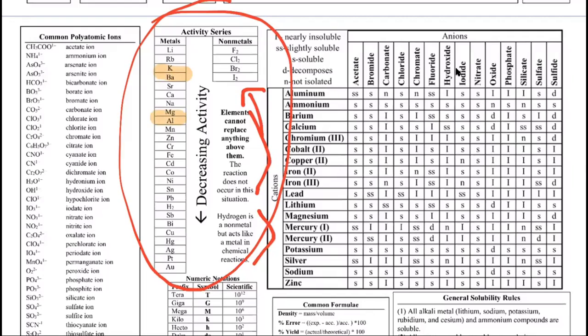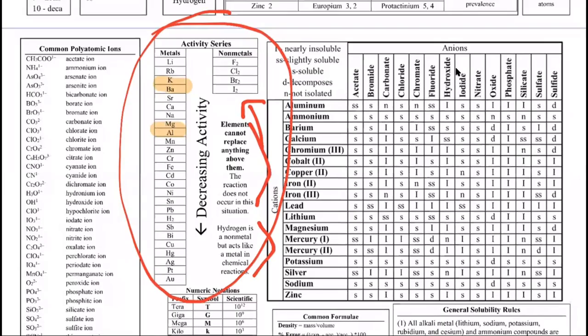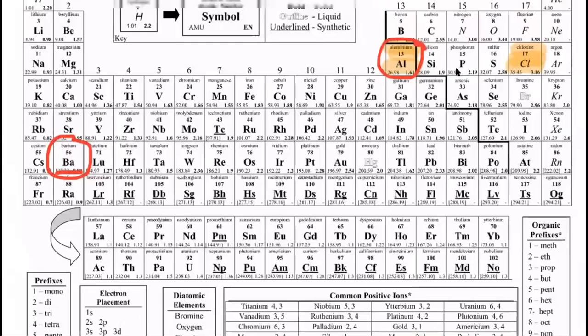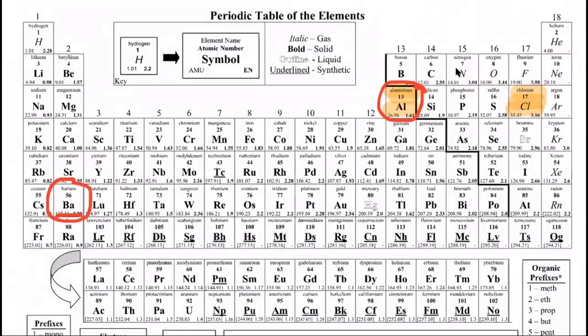On the product side, barium is going to be in a compound with chlorine, with the Cl. Ba and Cl are going to be our ions. So I need to come back up here to my periodic table. Barium is in group 2, and everything in group 2 has a +2 charge. Chlorine's in group 17, and everything in group 17 has a -1 charge.